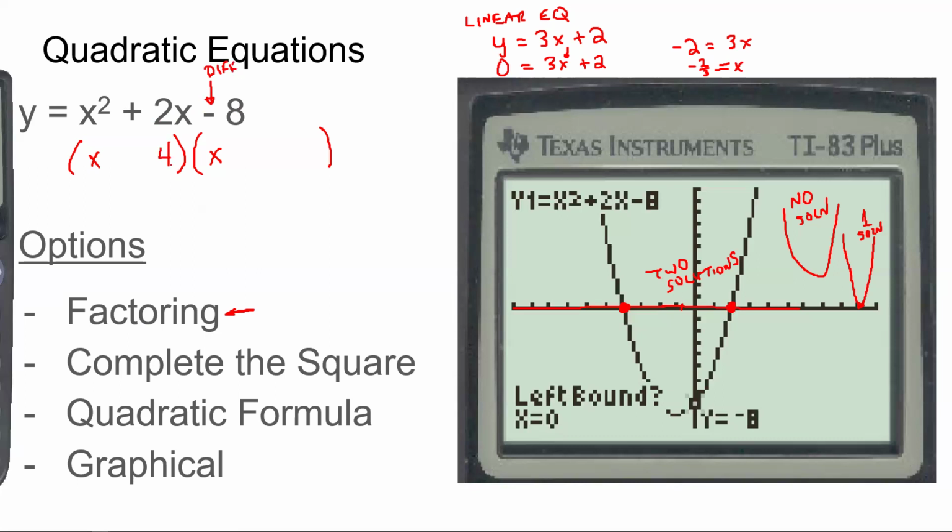Well, I'm thinking of 4 and 2 would work out nicely. If the signs are different, that means one's positive, one's negative, but I want this cross term to end up positive. So I think that's what we need. Let's check the outer. It'd be negative 2x, and the inner times the inner would be positive 4x, and I put those together, and indeed I would get that. So that is the factorization of that trinomial.